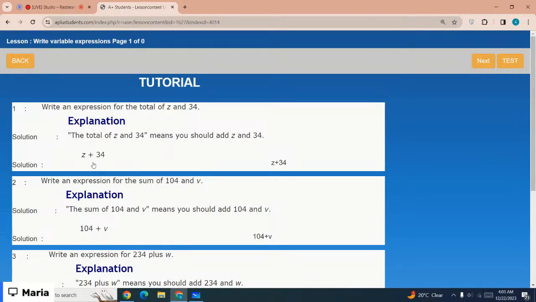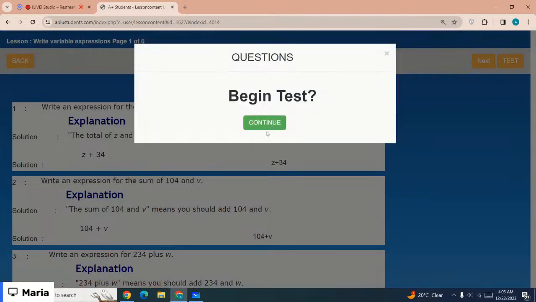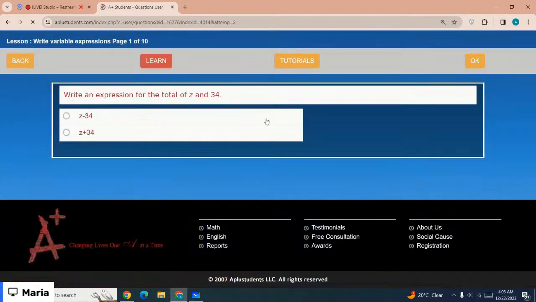Let's just start with the test questions. Okay, write an expression for the total of z and 34. So which is the correct option? Total means you have to add them, right?